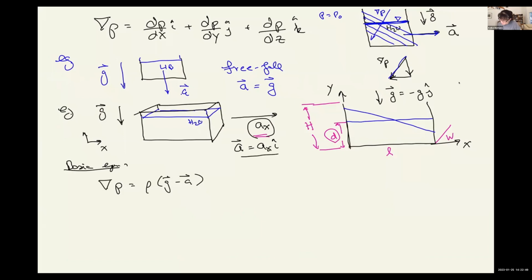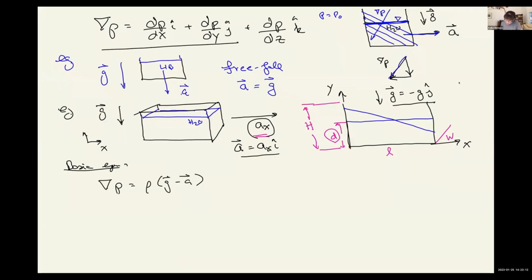So we formally have our acceleration vector and our gravity vector. And in general, we have the pressure gradient here. And for the 2D problem in XY, we would then just have the first two terms.